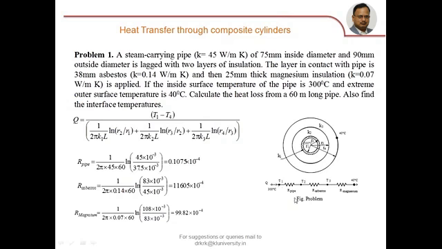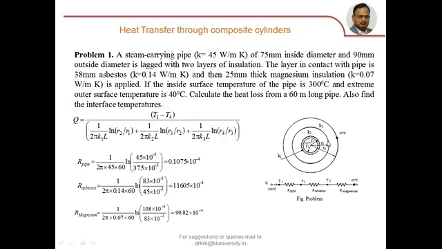So between the two nodes of known temperatures, 300 and 40, there are three resistances. Therefore you can write Q equal to delta T, T1 minus T4, divided by the total resistance, R pipe plus R asbestos plus R magnesium.